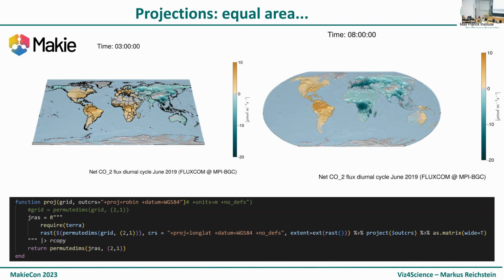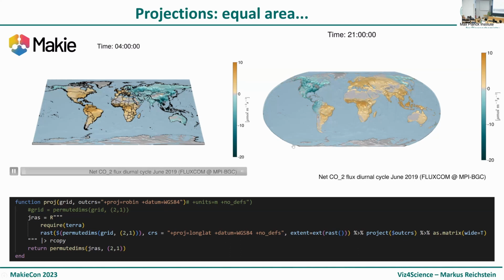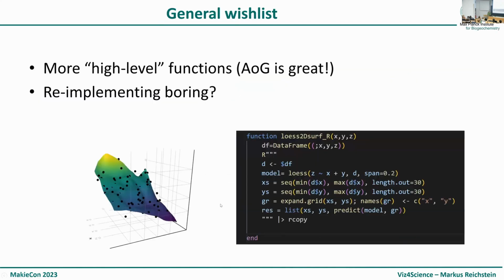Africa is too small, Greenland is too big, for example, and Northern Europe is too big. And here we have the Robinson projection. How I do it is with an R macro, because I don't manage to reproject things well in Julia. So this is my problem, and I guess I'm a bit over time.